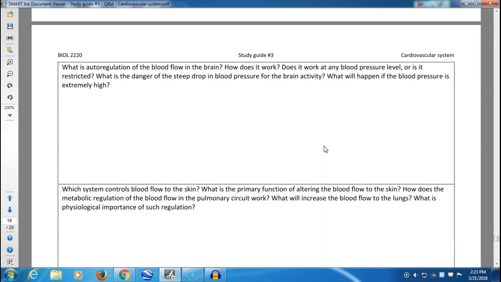In the brain, autoregulation. When systemic blood pressure spikes, what happens initially in the first second to the blood flow to the brain? It immediately increases. What is the response from the arterioles? They constrict, okay? And when blood flow decreases, they dilate.